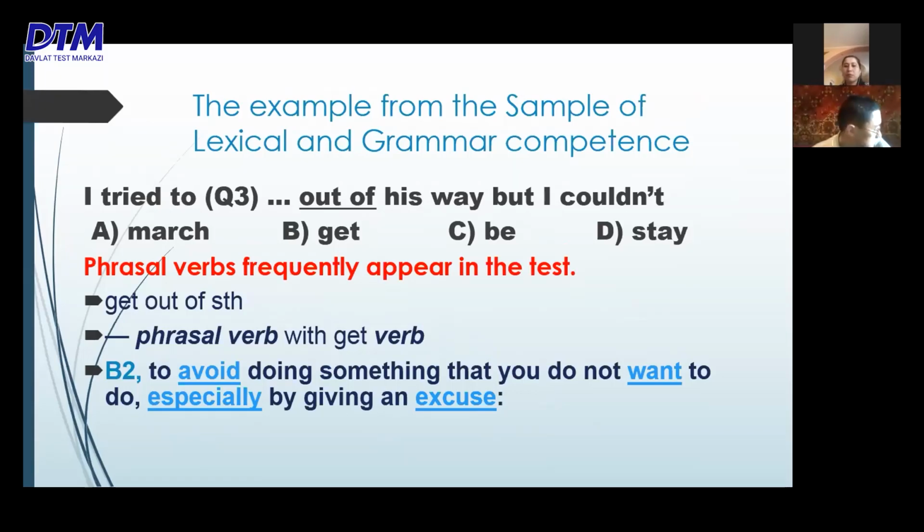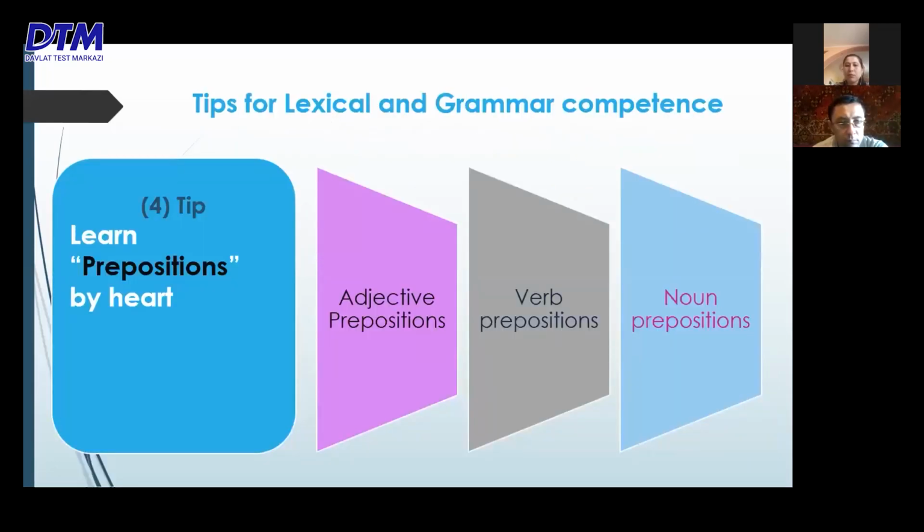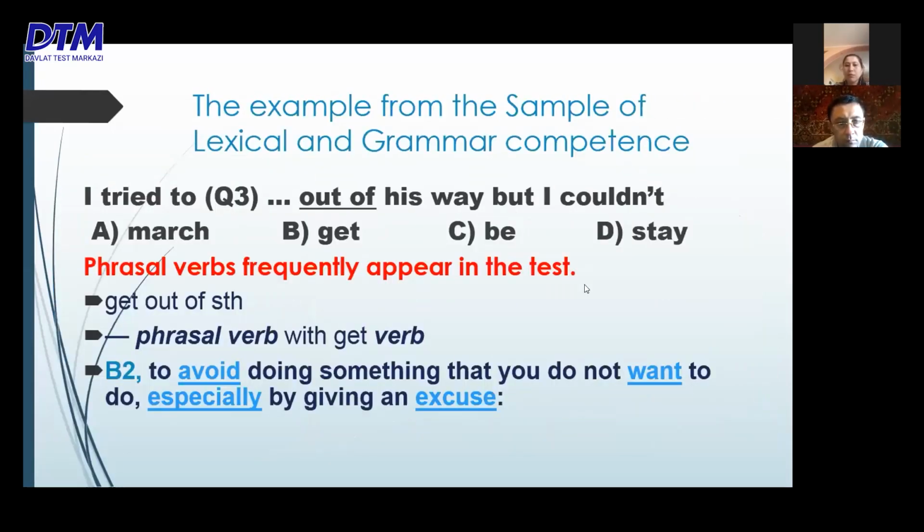The options: march, get, be, and... sorry. Okay, in this one, if you look at the question, the phrase out of can help you remember that get is the correct answer. Of course, in order to find this one, you should learn them by heart. Learn different types of phrasal verbs.